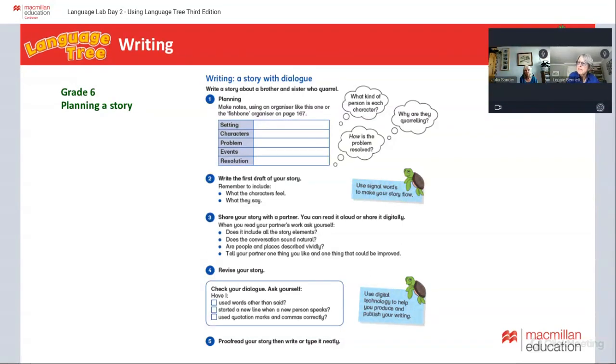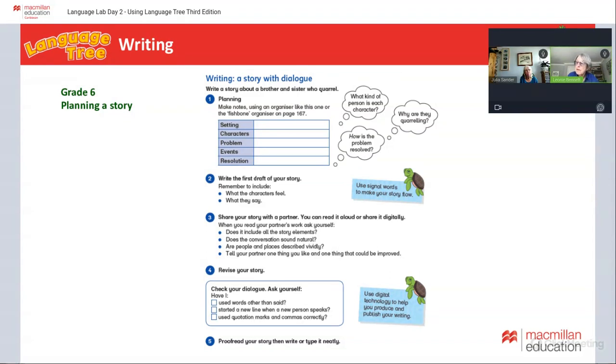Students are usually asked to write the same type of text as they read at the beginning of the unit. The comprehension questions which followed the reading will have prepared them by looking at the text features, as we saw. And these are the features that they're going to use in the writing task at the end of the unit. Here we've got story writing.